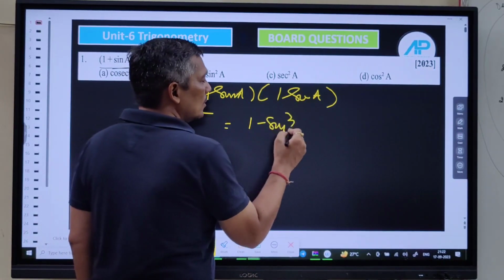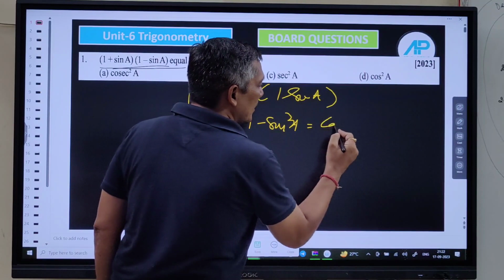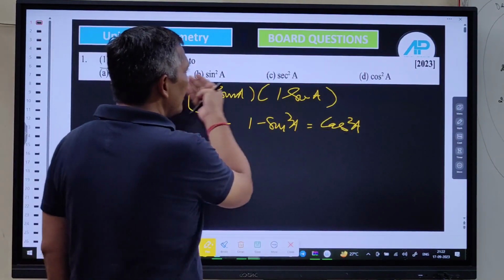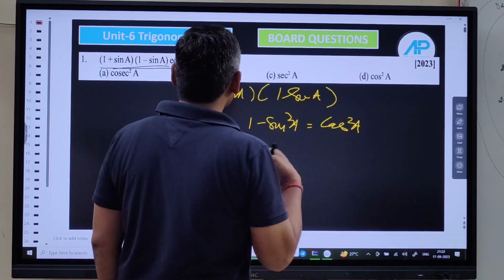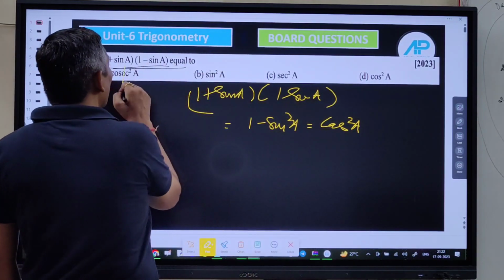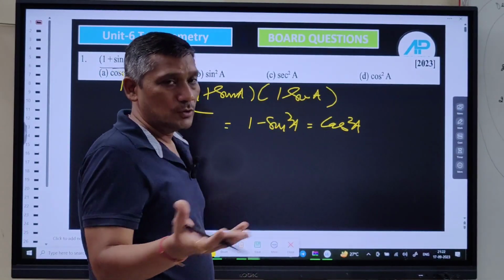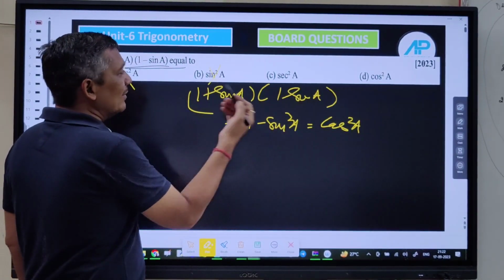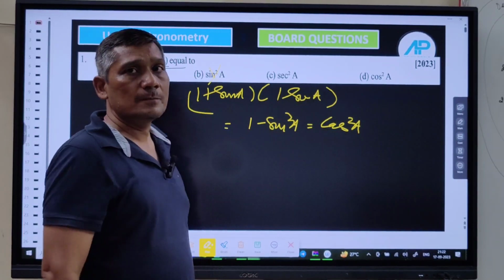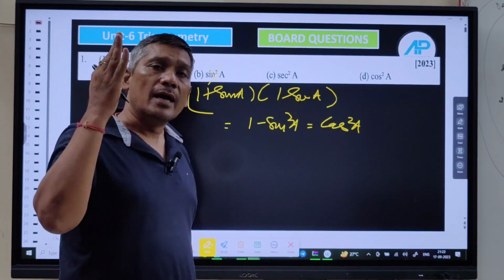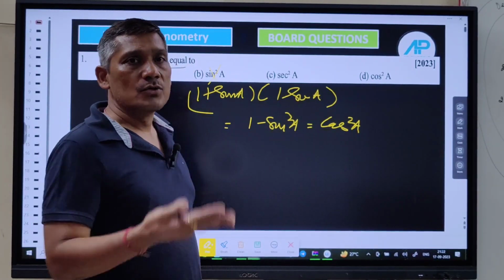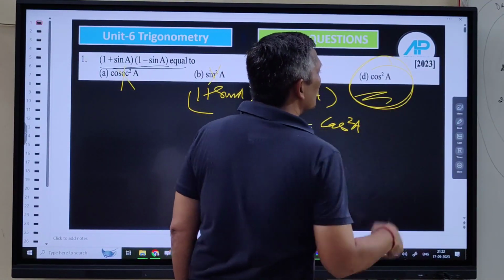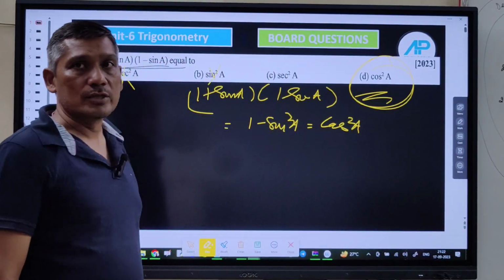So this will give us 1 minus sine square A. In all your MCQ options, cosec square A is the reciprocal of sine, we should not take it. Cosine square A, we have 1 minus sine square A, so it can't be the answer. Sec square A has a relation with tan square A. So what is left for your answer? Cos square A. This is the right option for this question.